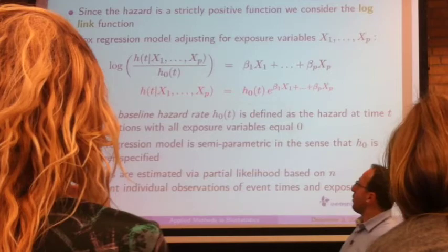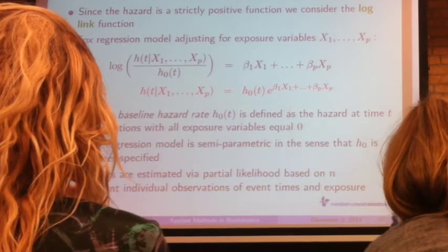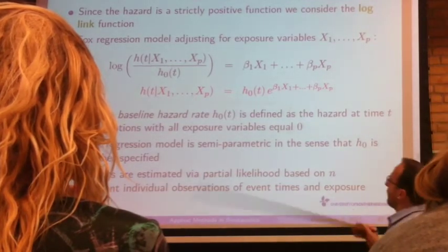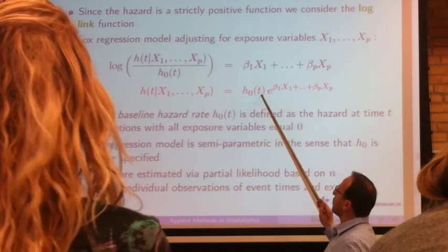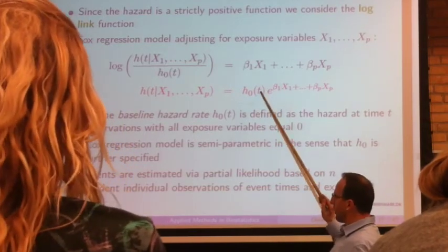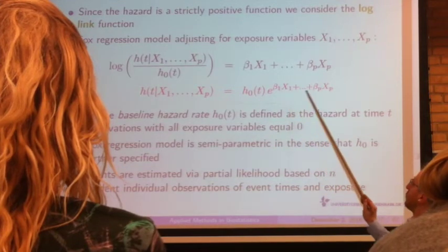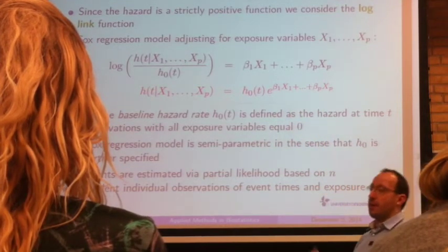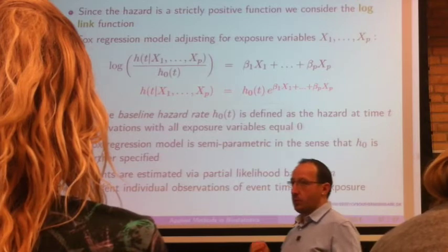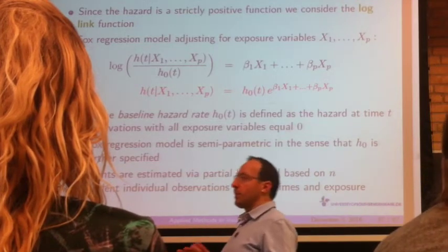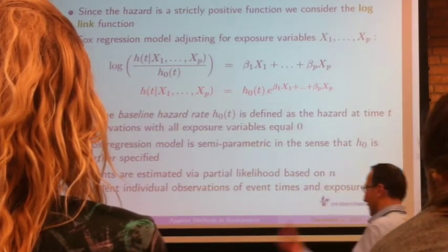So the Cox regression model is semiparametric in the sense that the baseline hazard doesn't need to be specified in advance. And the coefficients, which are beta 1 to beta p, are estimated via so-called partial likelihood estimation, comparable to maximum likelihood estimation.